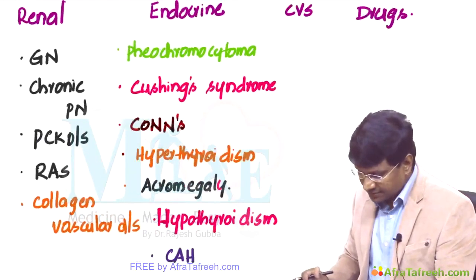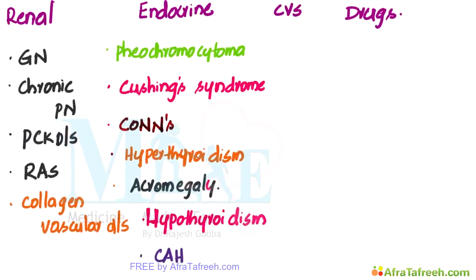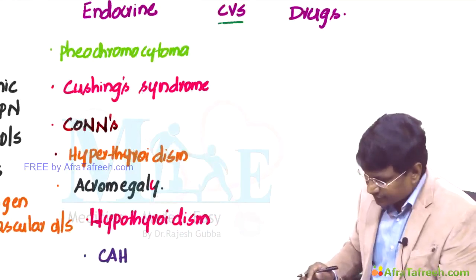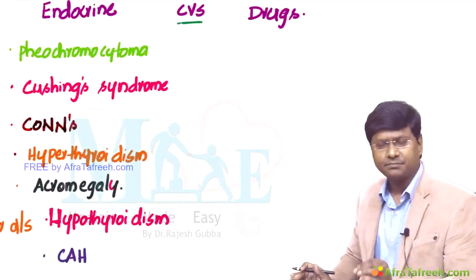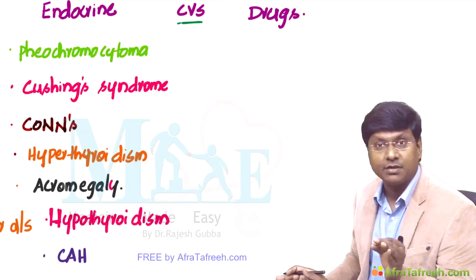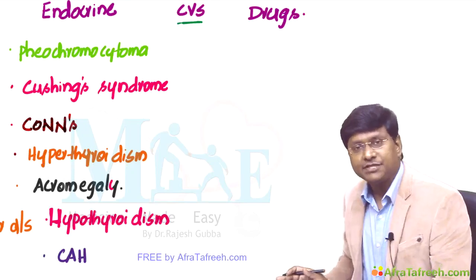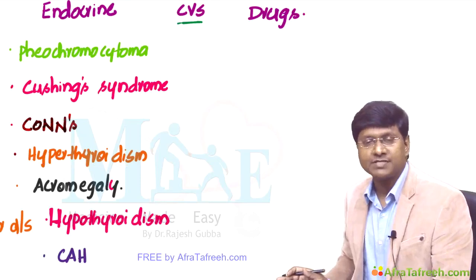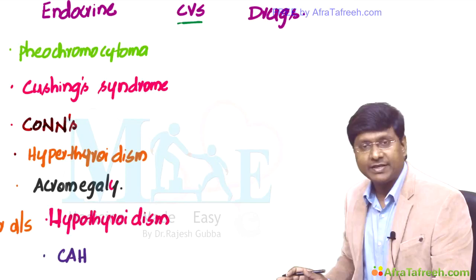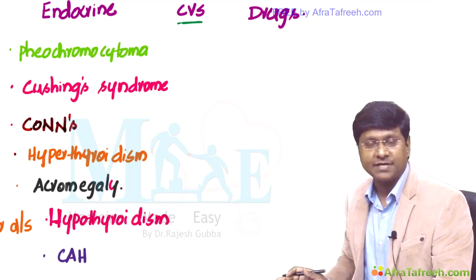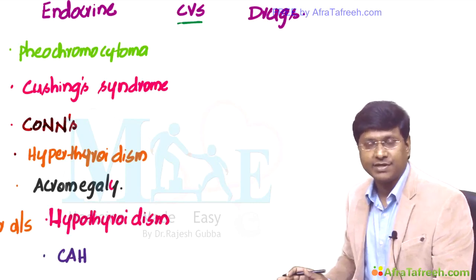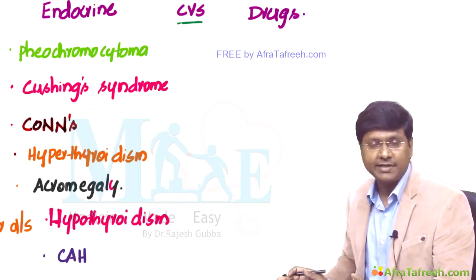Now, after having discussed the renal pathologies as well as the endocrine pathologies, let me tell you the cardiovascular system pathologies where the individual can have hypertension. Remember, take the condition of coarctation of aorta. In patients with coarctation of the aorta, the most common site where the coarctation occurs is distal to the left subclavian artery. When there is coarctation distal to the left subclavian artery, perfusion to the lower half of the body will be reduced. That is, the perfusion to the kidney is also reduced.